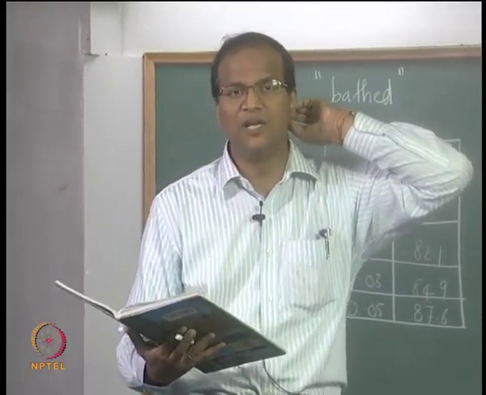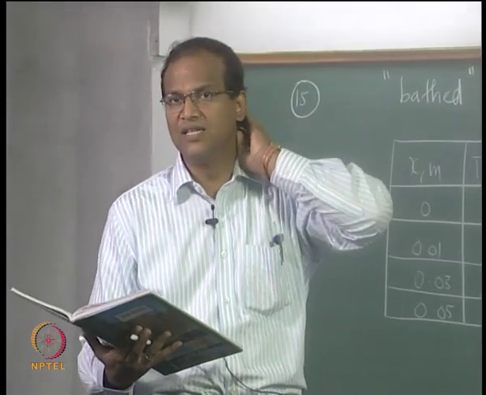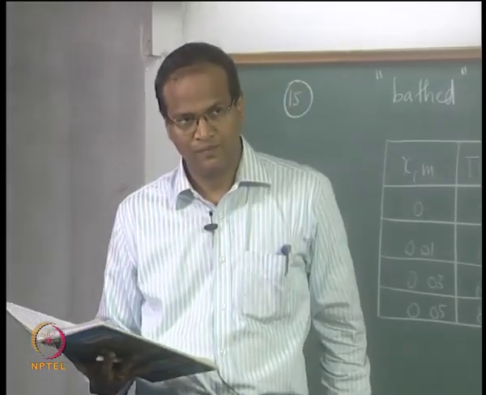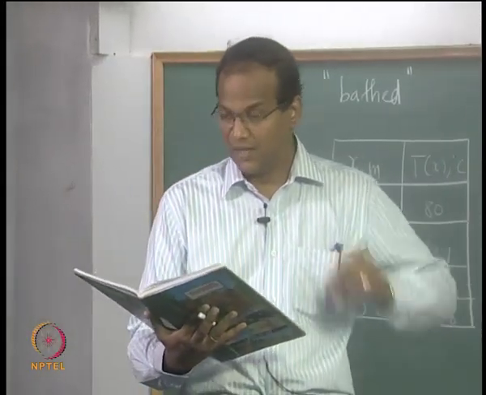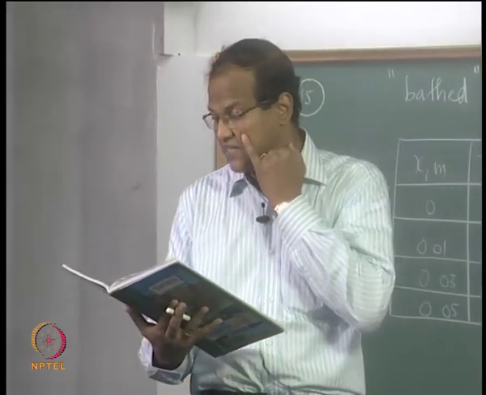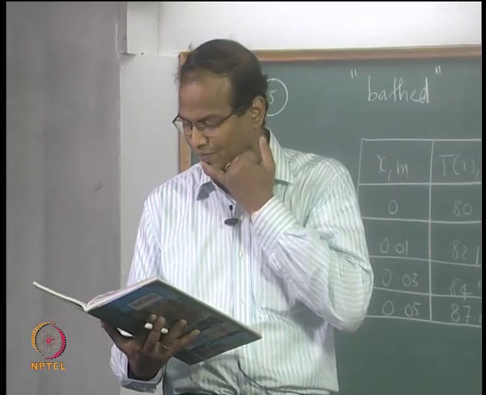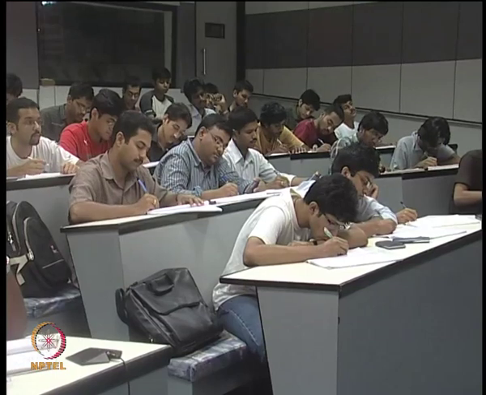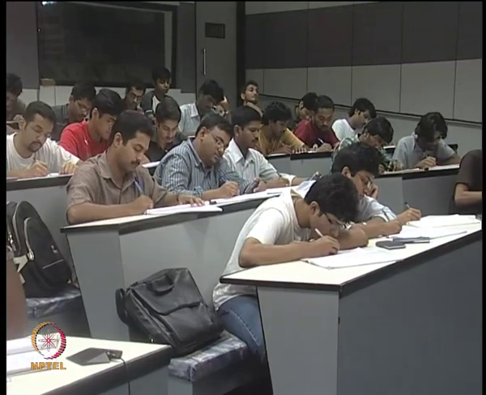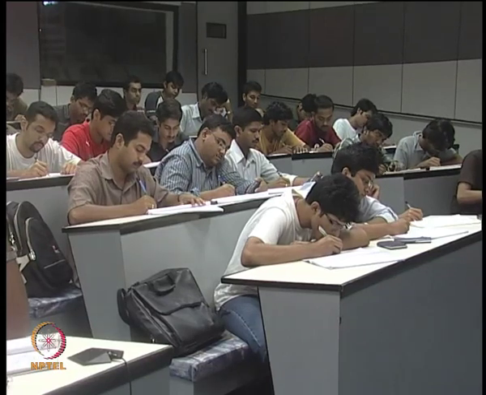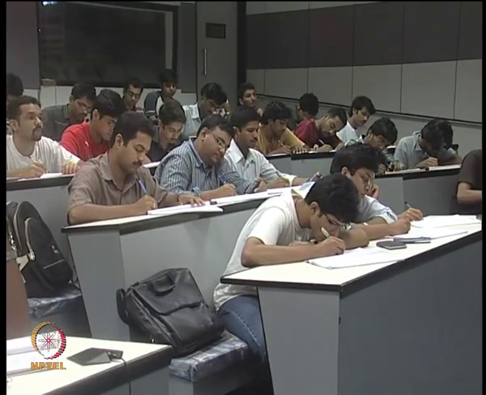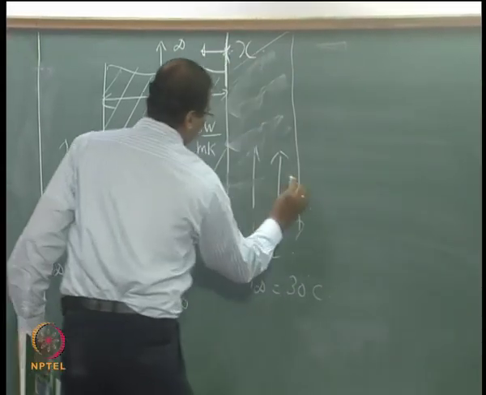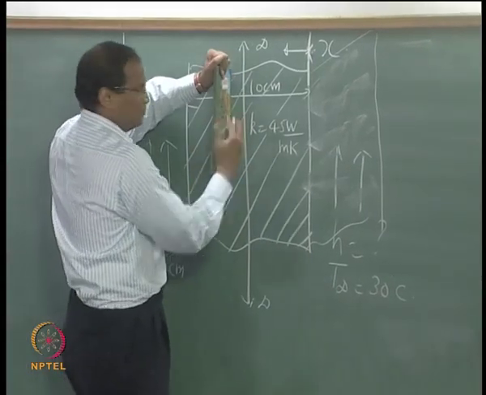Using a second order Lagrange interpolation formula, find H at the surface. If the cross sectional area of the wall is 1 meter square, that means, okay, I am talking about this area.